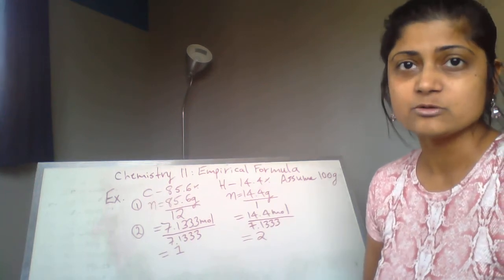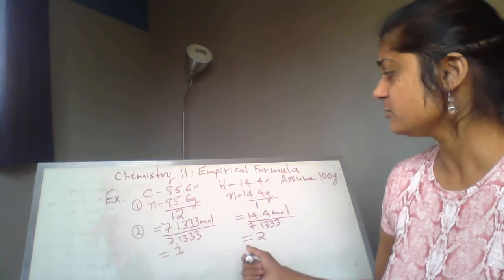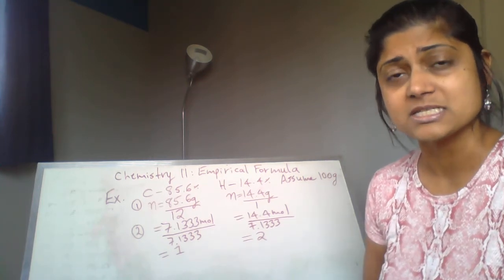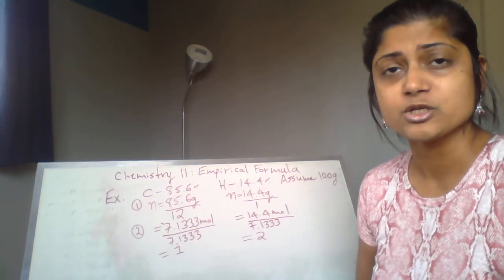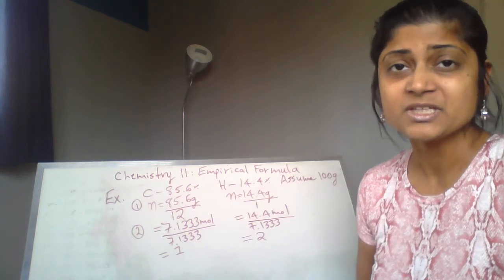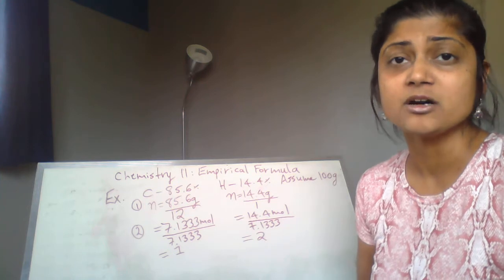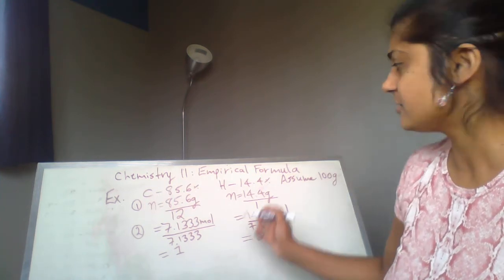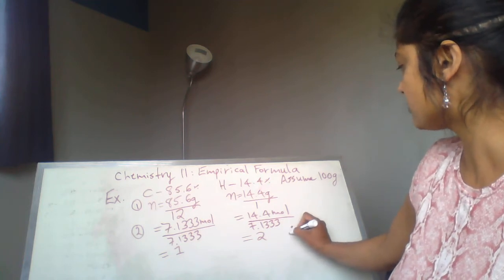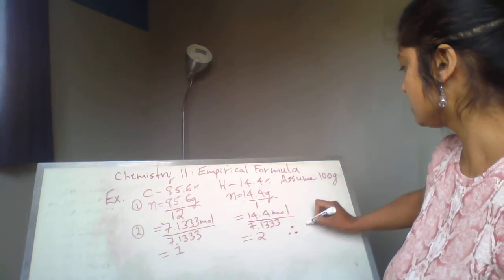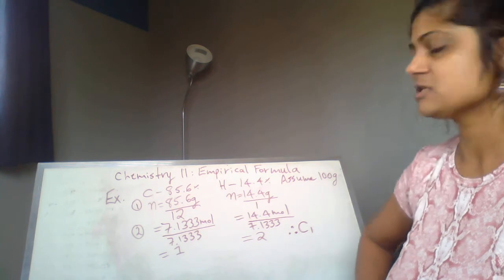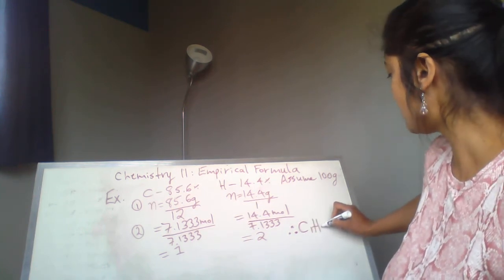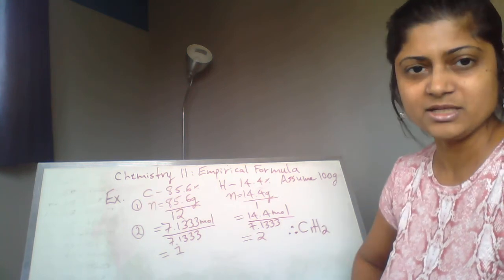When you are rounding the number of moles here, I'm doing the lowest ratio, and that's what the empirical formula is. It's the lowest ratio of each of the elements, and that's how I know it's the empirical formula of the compound. Because I have carbon as 1, therefore, the carbon is 1 atom of carbon and there are 2 atoms of hydrogen.